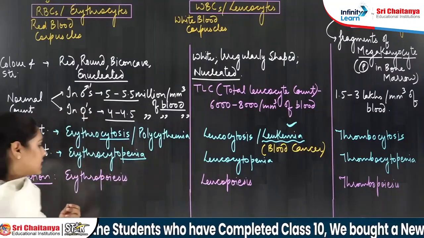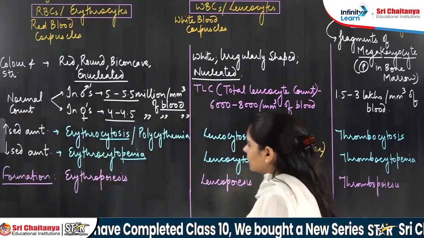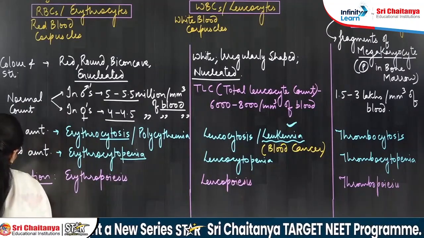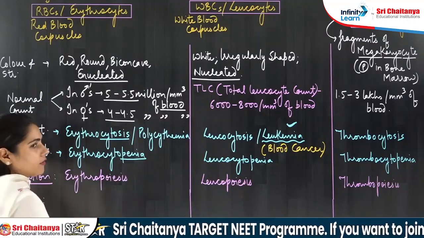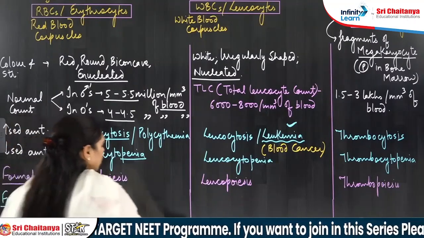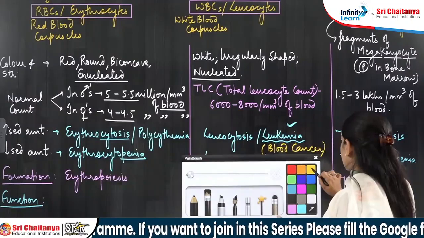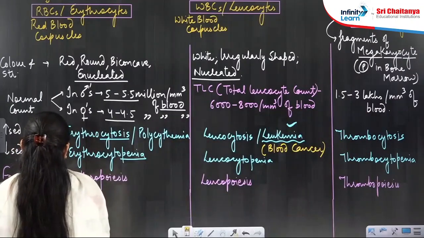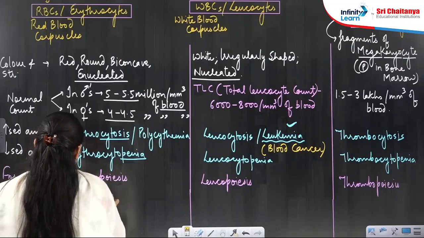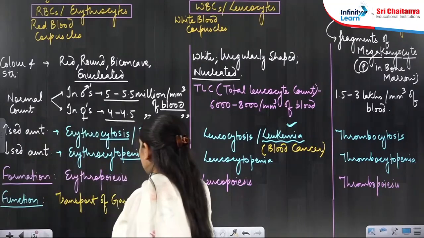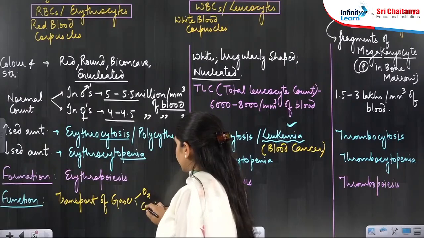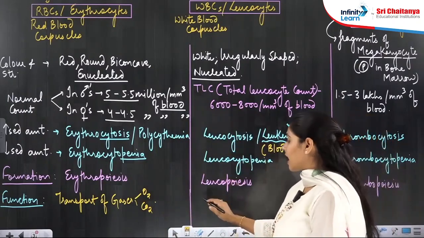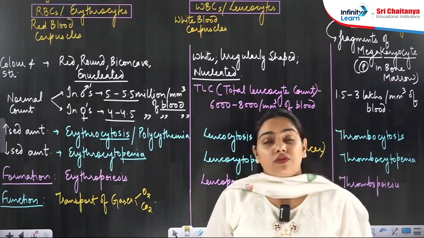Next is the function, beta. What is the function of RBCs? The function of RBC is transport of gases, oxygen and carbon dioxide. What is the function of WBCs? WBCs protect us from pathogens.